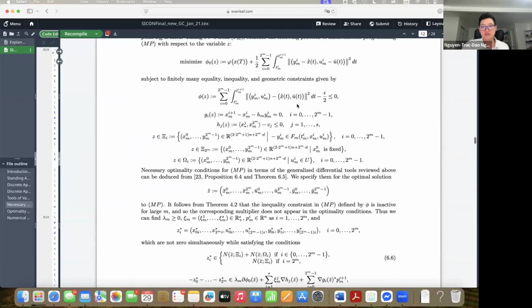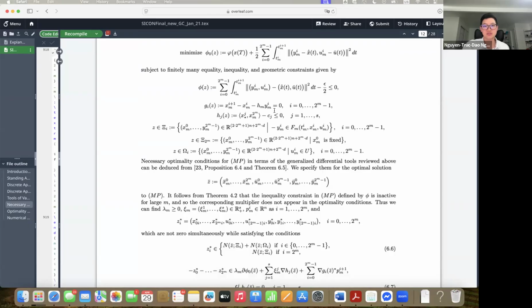The first constraint here, you can see, is the norm of y^m minus x bar dot, u_i^m minus u bar, and it is less than epsilon over 2. That means y^m goes to x bar dot as m approaches infinity, and u_i^m goes to u bar as m goes to infinity. And then the second constraint is from the Euler scheme.